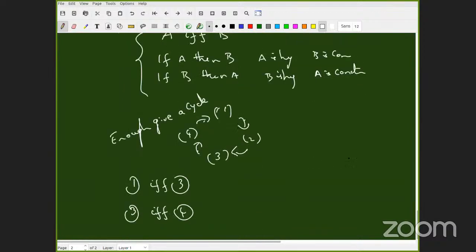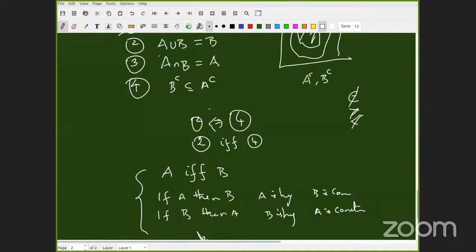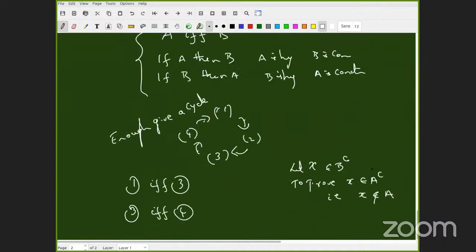This part I will write. x belongs to B complement. We want to prove x belongs to A complement. That is to prove x does not belong to A. But look at the hypothesis 3. The 3 says only about A, not about A complement. Therefore, how should I start the proof? Now proof by contradiction. That's natural. Of course, one can prove directly also. I don't want it. Let's try this way. Suppose x belongs to A. Now, can you complete the proof?